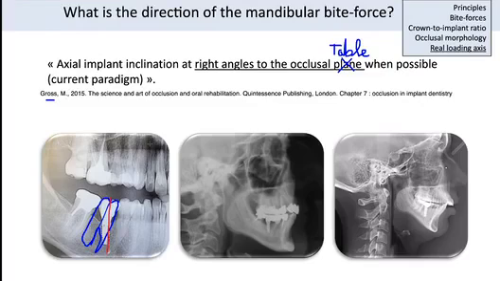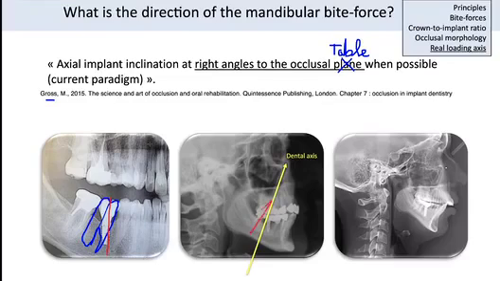What is the direction of the loading? You have only to observe the natural teeth. Natural teeth are majorly inclined, not vertical, majorly inclined, with different inclinations.